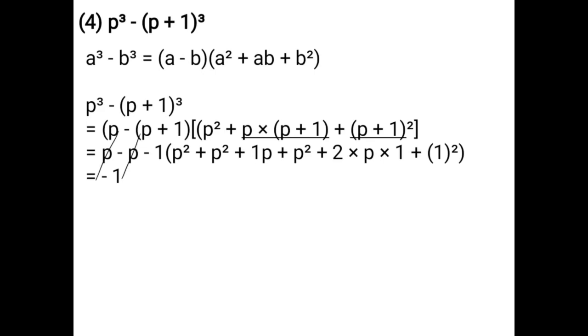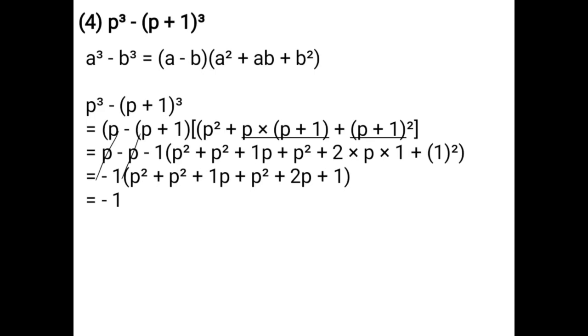In bracket you have to multiply this in another step, that is in bracket p square write as it is, plus p square plus 1p, plus p square plus 2 into p into 1 is plus 2p, plus 1 square is plus 1, that is equal to minus 1.